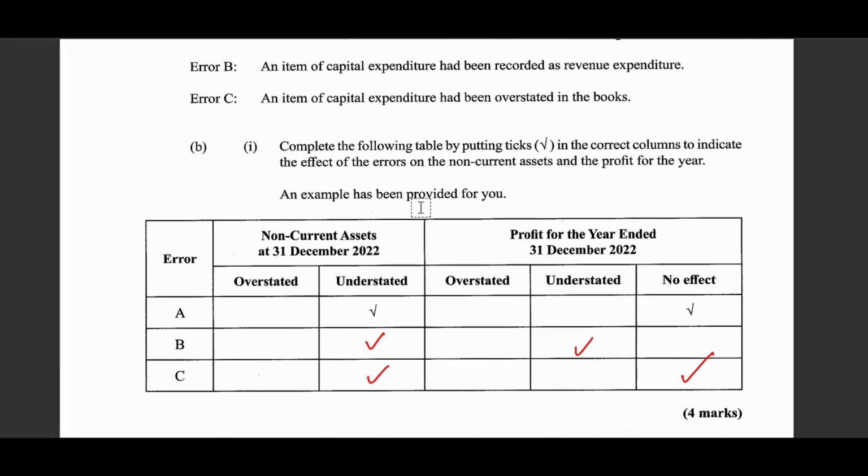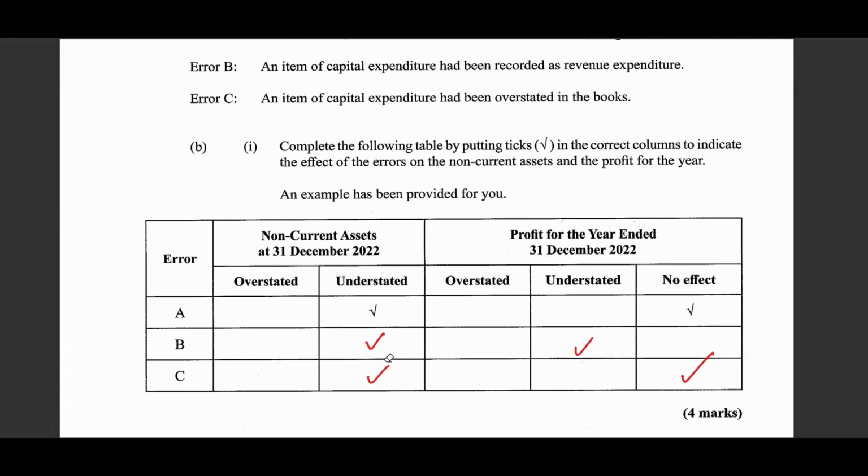Now C, item of capital expenditure had been overstated in the books. Now our non-current assets would have been overstated, yeah, because it said an item of capital expenditure had been overstated in the books. Complete the table, put in the ticks in the correct columns, indicate the effect of the errors.